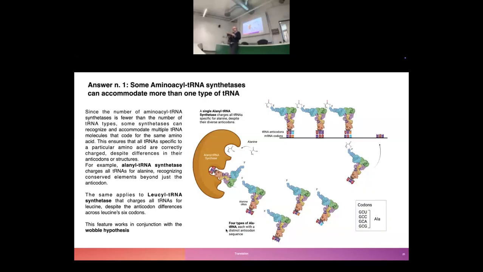So let's say you see the anticodons are different with respect to the first nucleotide, okay? Because it is the last one on the codon. For this reason, the recognition will depend on the surrounding nucleotides. So those parts will be the same one.